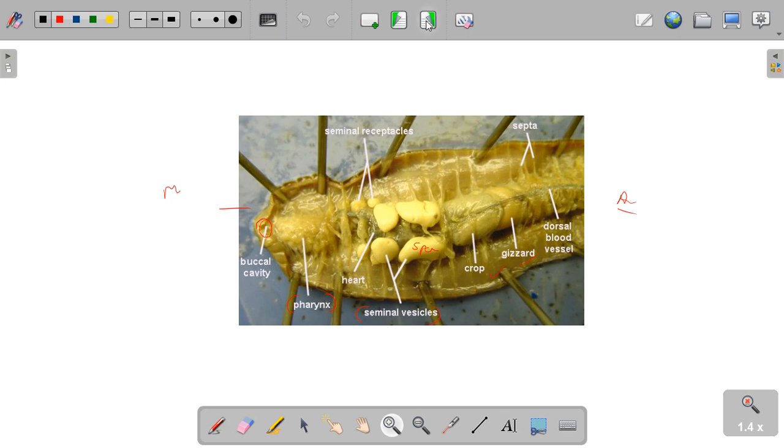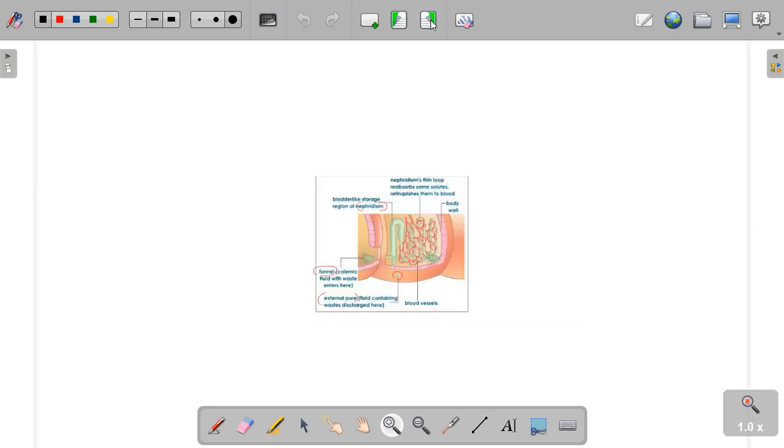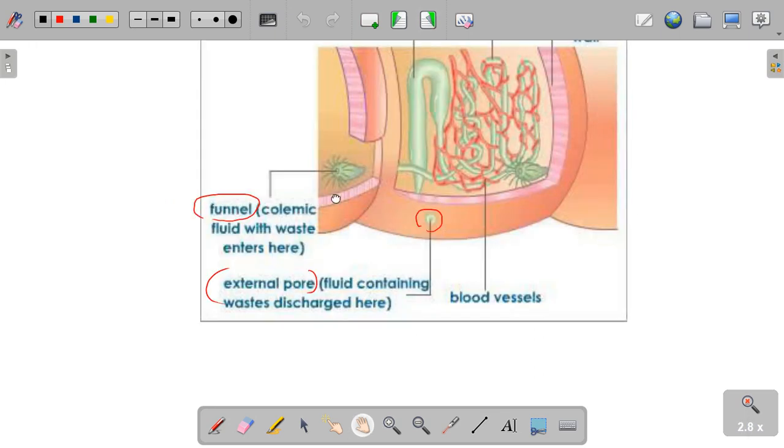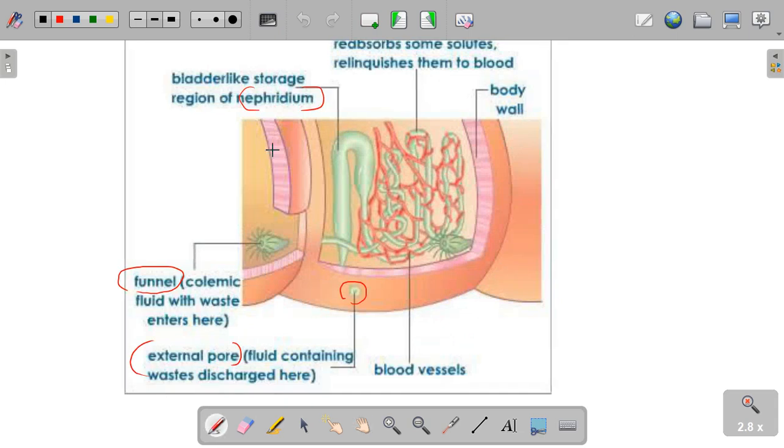Okay, see, nephridia is one of the organs present in the body, especially meant for excretion, as well as maintaining the body fluid nature. You can see this is the outermost body covering. You can see they have small openings, and this is the nephridium.